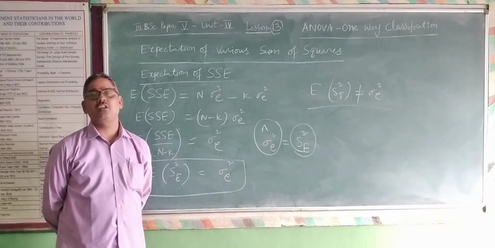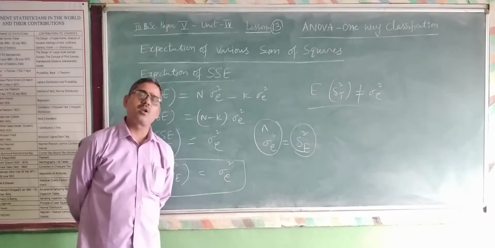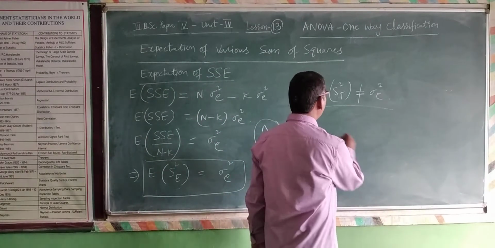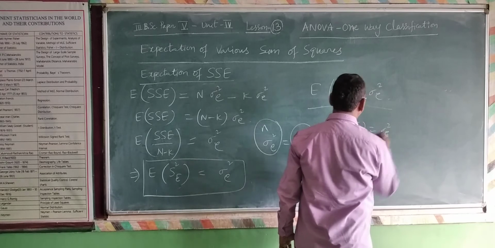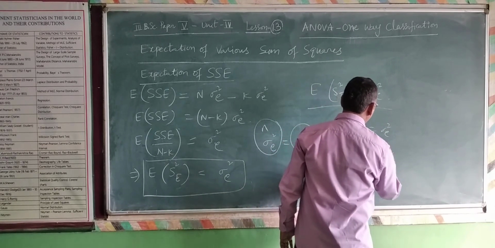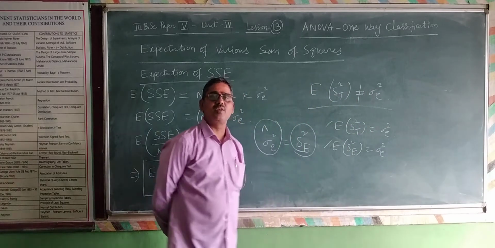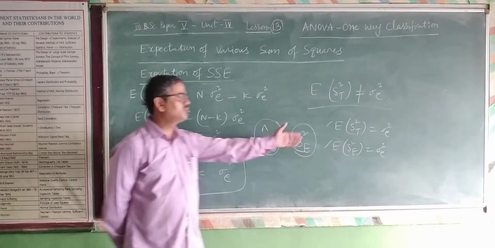In the examination, you write down, under the null hypothesis H naught, expectation of s square T is equal to sigma square e, and expectation of s square e is also sigma square e. These are the two results you have to write.